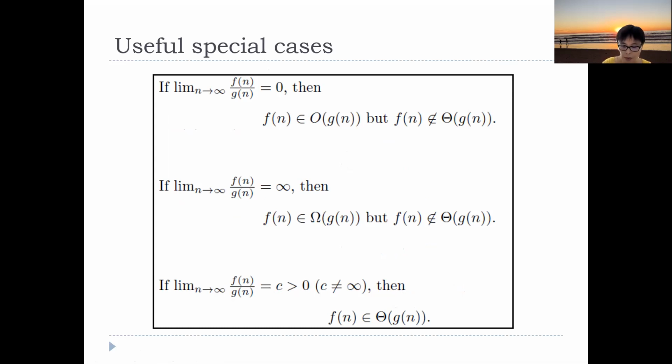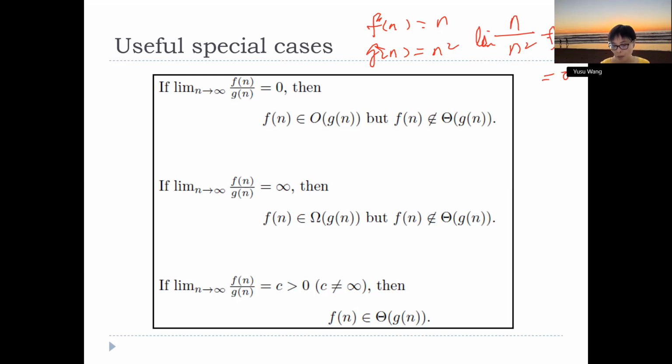Let me annotate. For example, if you look at f of n equal to n and g of n equal to n squared, then the limit of n over n squared is 1 over n, which in the limit goes to 0.